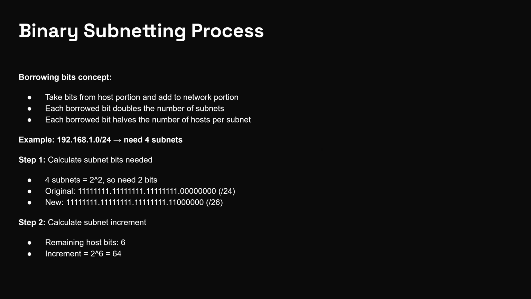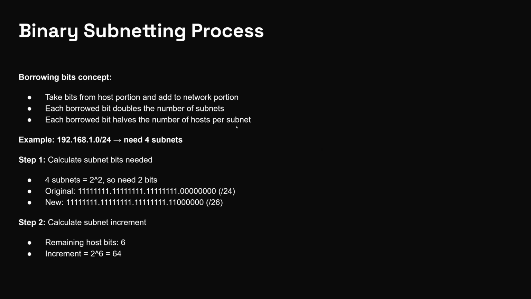If I have a /24 and I borrow 1 bit, where the fourth octet previously had 8 zeros, now it's 1 followed by 7 zeros, giving you 255.255.255.128. What that means is I doubled it, because my one /24 network has now become two /25 networks. So I've doubled the number of subnets.